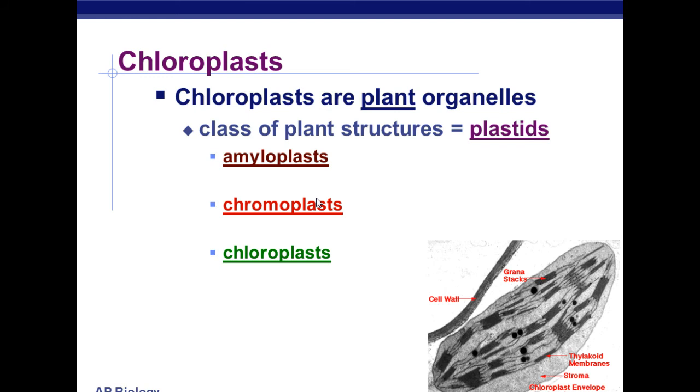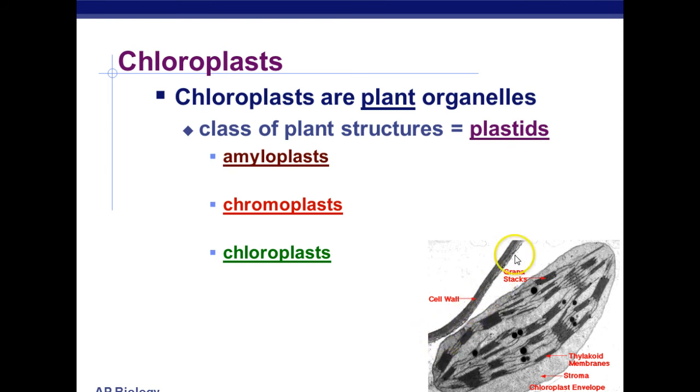Let's take a basic look at the structure of a chloroplast. First, you can see the actual cell wall right here. It's labeled for you. So the cell that's housing this chloroplast, that's its cell wall right there. And then, you can see just barely on this side of it is the cell membrane as well.